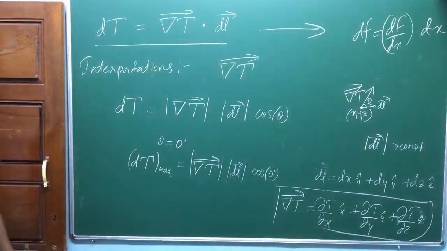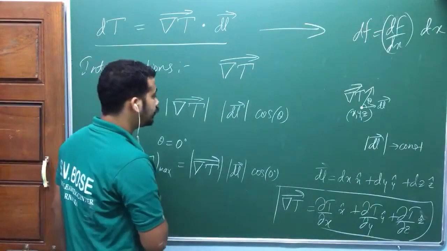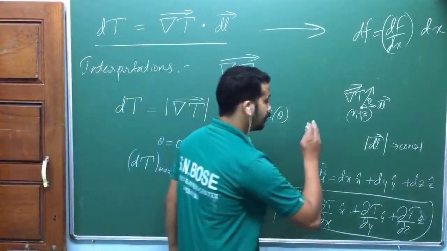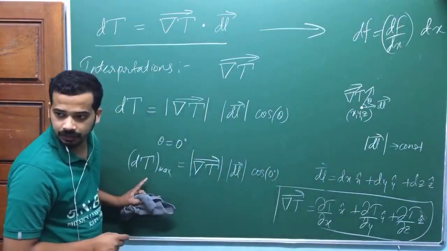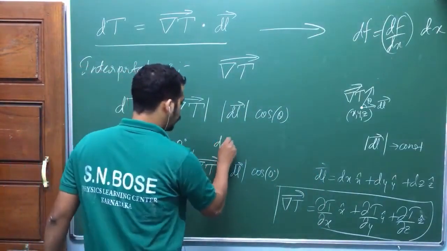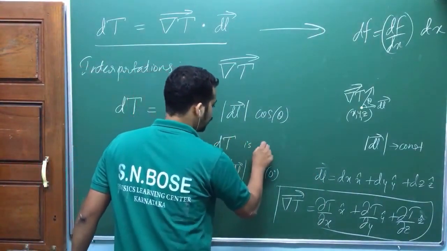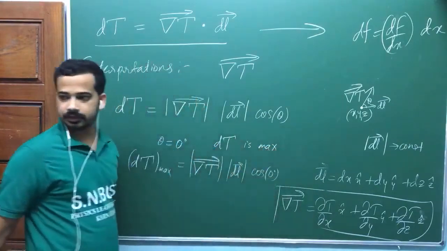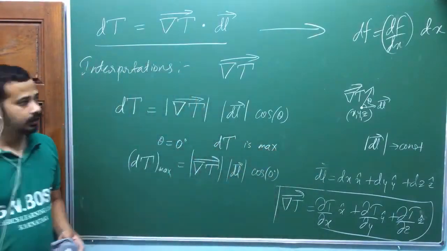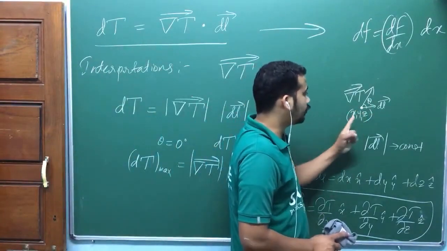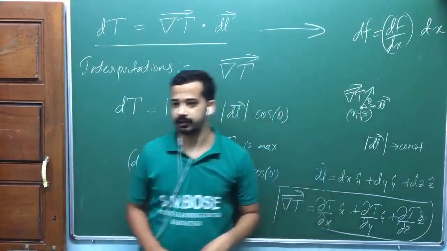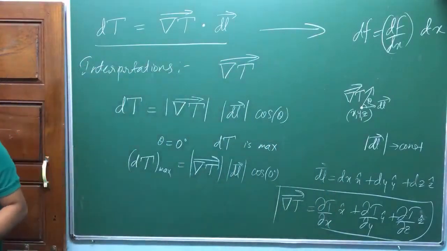Now look at here. When theta is equal to 0, the change in t is maximum. That's what I told, am I right? So what do you mean by theta equal to 0? Theta equal to 0 means you are moving along the direction of the gradient, isn't it?